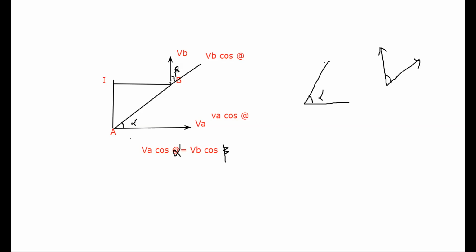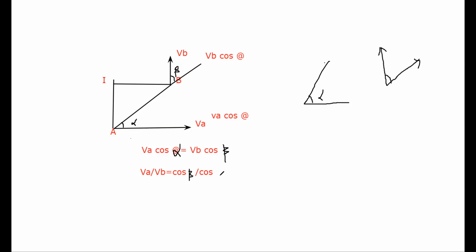Okay, next one. Now you can see this equation. I can write VA by VB is equal to cos beta by cos alpha. So this will be my equation now.